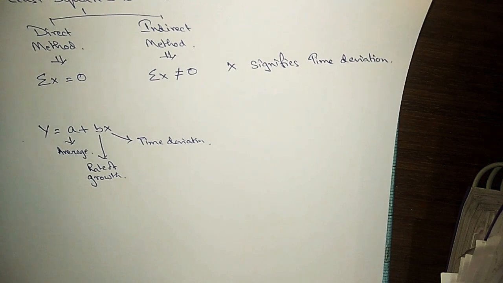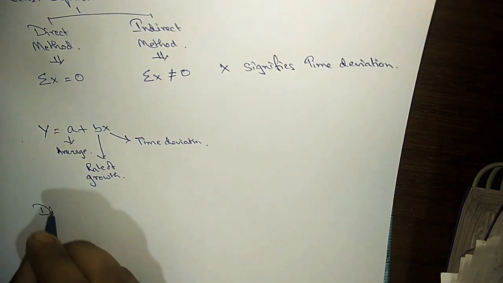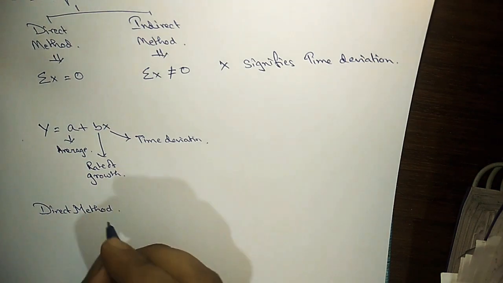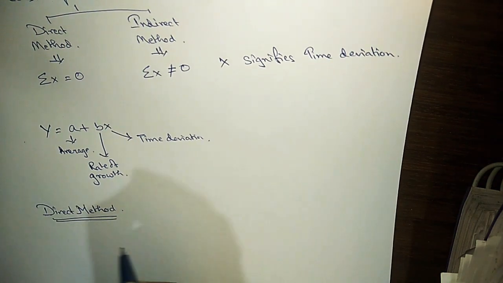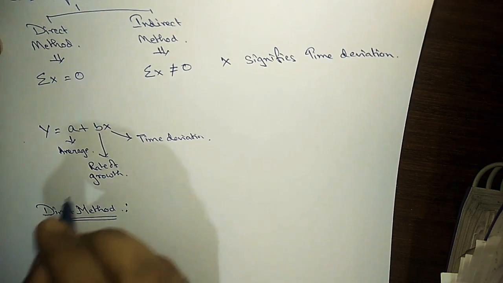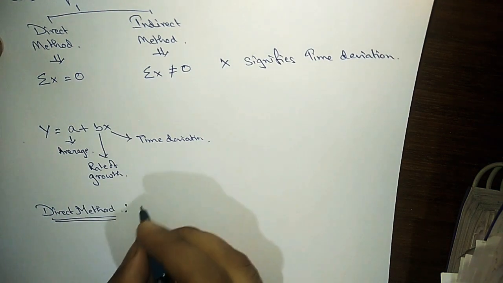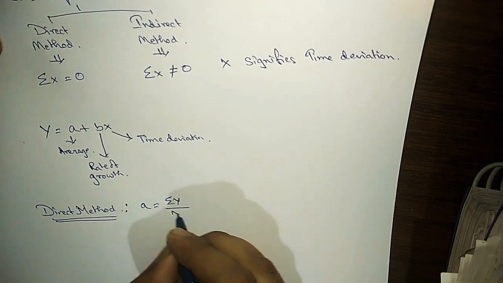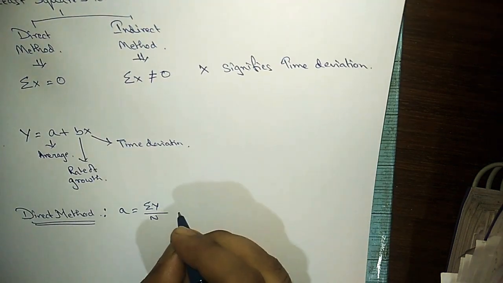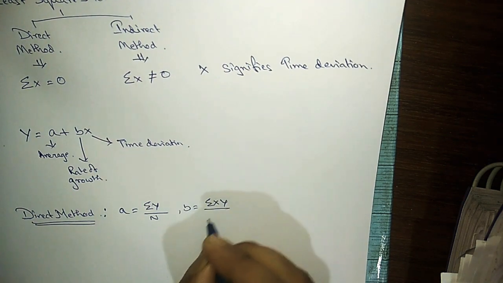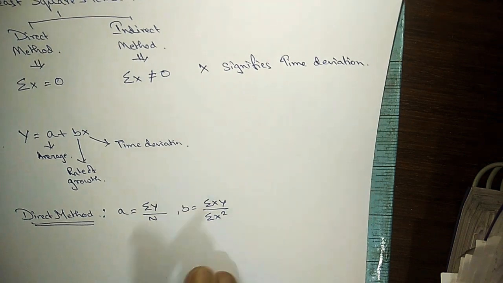So in direct method, in this equation only, a is equal to summation y by n, whereas b equals summation xy divided by summation x square.